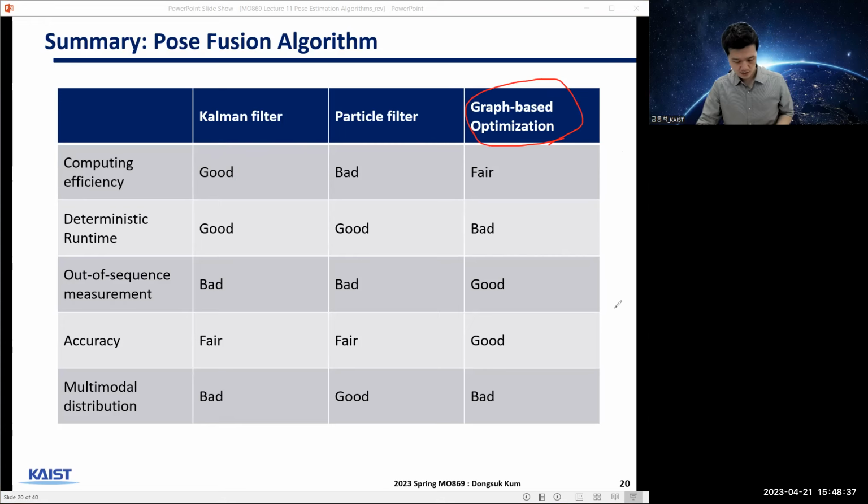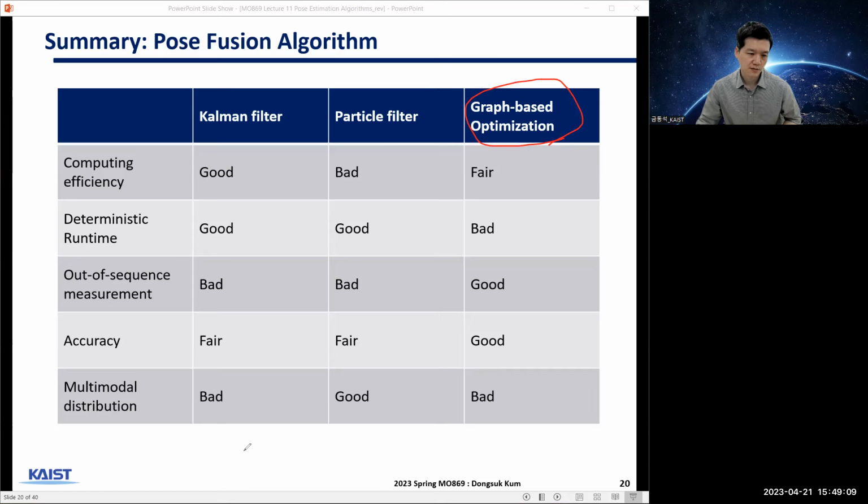And academically, and theoretically, there are things we can further improve. Kalman filter and particle filter are somewhat old methods, but that doesn't mean graph-based optimization is always the best choice.